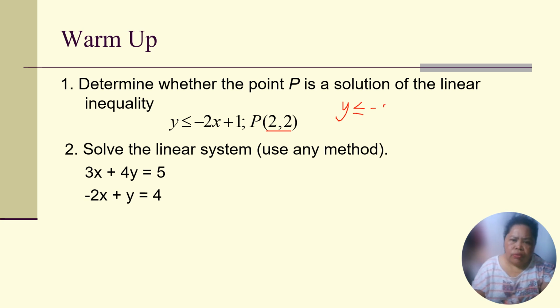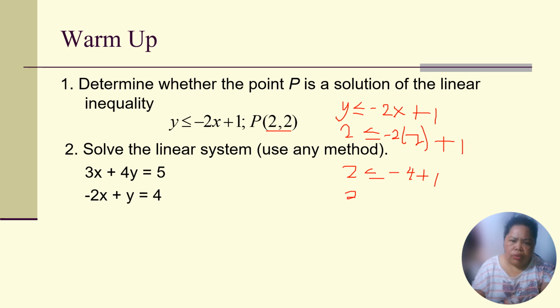So 2x plus 1. We have 2 is less than or equal to negative 2 times 2 plus 1. So we have 2 less than or equal to negative 4 plus 1.